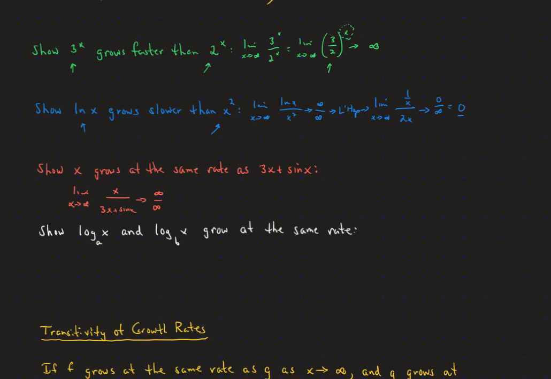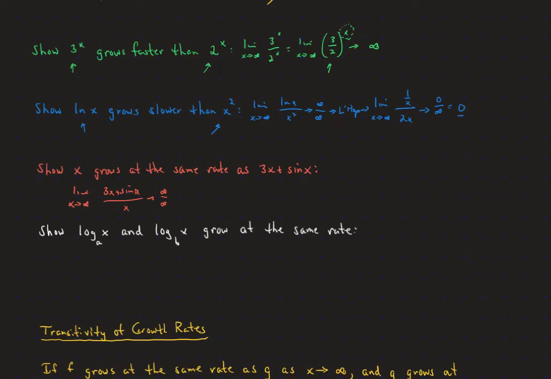And I think we're better off here, actually, I'm going to change the order of this because otherwise it gets a little tougher. I'm going to put the 3x plus sine x in the numerator and the x in the denominator. So that is going to be infinity over infinity initially.